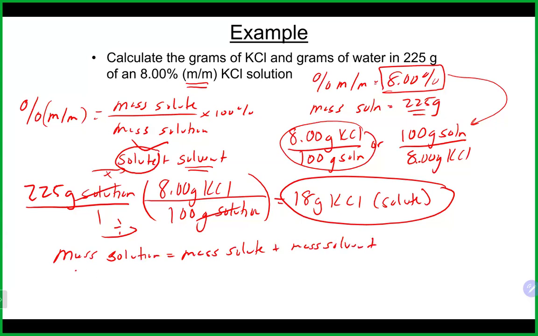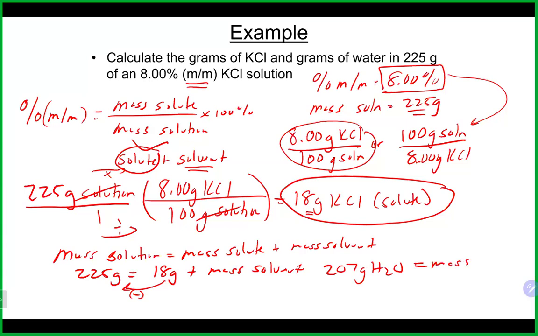That means we have 225 grams for our solution. We just calculated our solute, which was 18 grams, plus the mass of my solvent. And now I could just subtract that to the other side. That'll get me something like 207 grams of water in this case, which is the mass of my solvent.